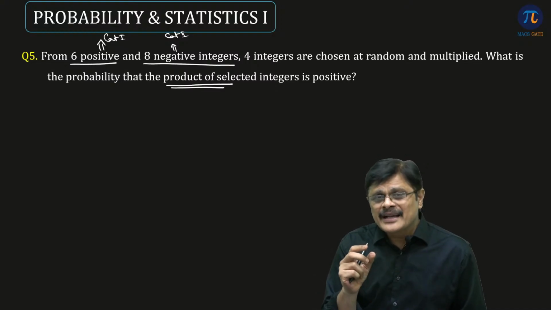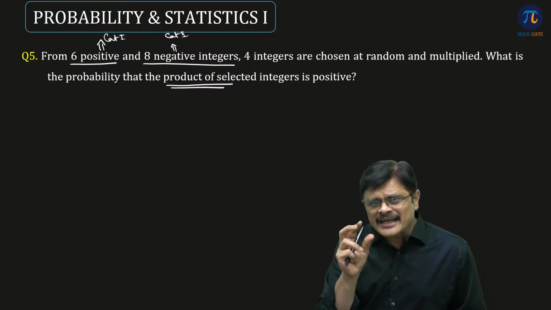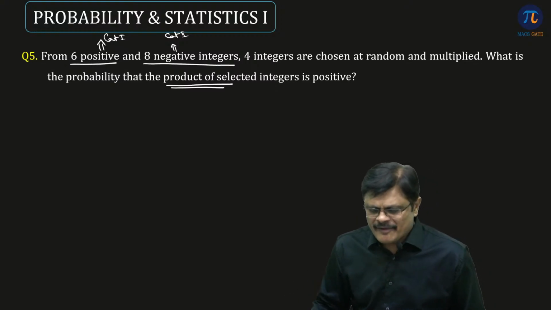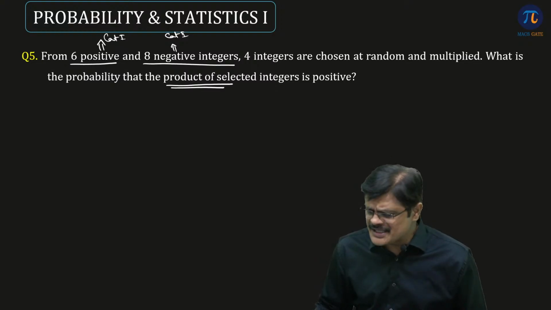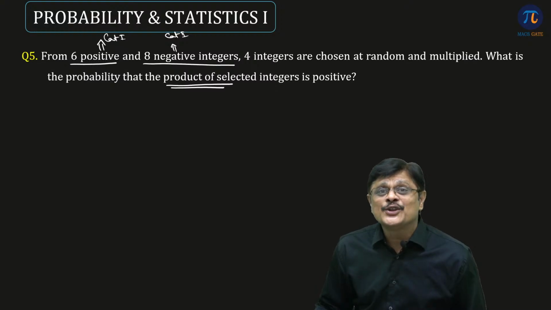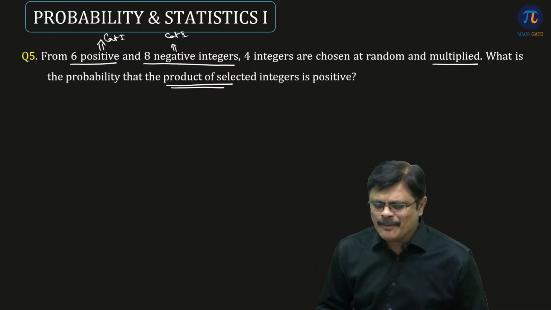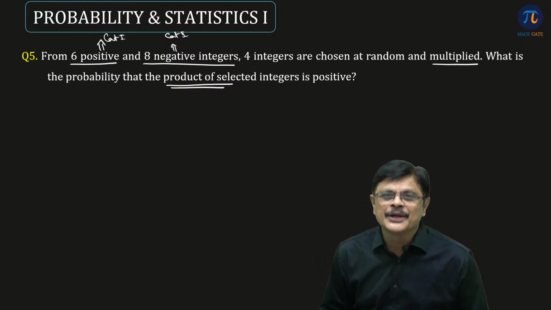So here that at least 2 or at least 3 kind of situation happens indirectly in these cases. That is the idea. From 6 positive and 8 negative integers, 4 integers are chosen at random and those numbers are multiplied. What is the probability that the product of selected integers is positive?